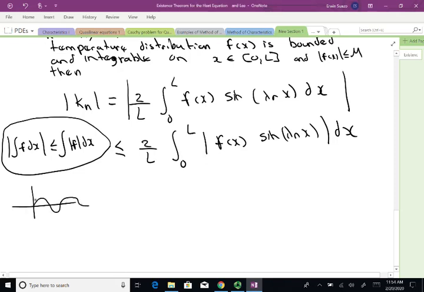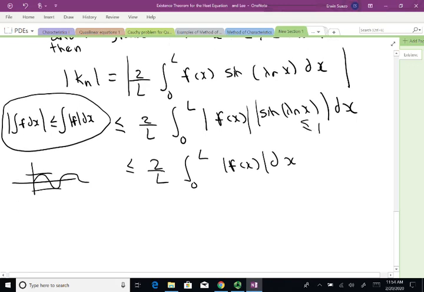So this is less or equal to 2 over L integral between 0 and L of the absolute value of f of x dx.